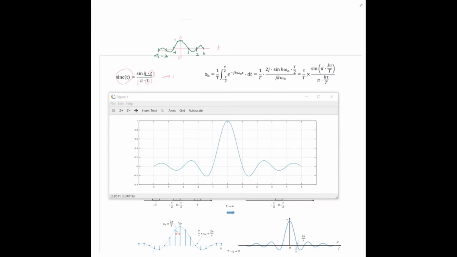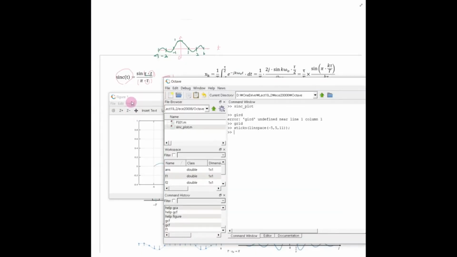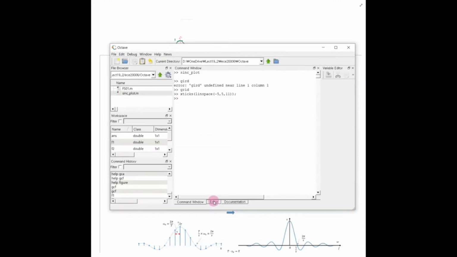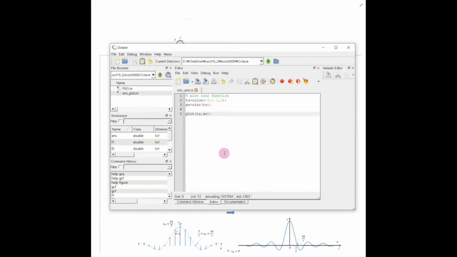I can change the plot here. Look at here. I added grid points and x ticks, linspace -5 to 5 with 11 points.